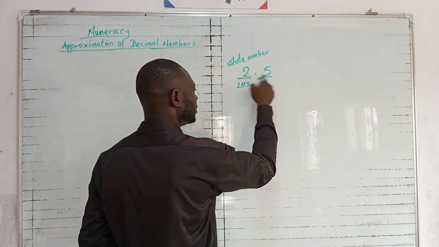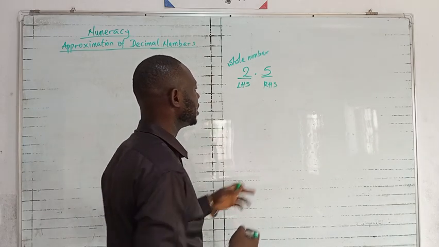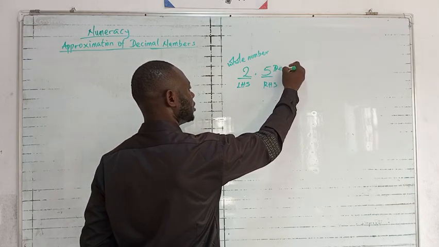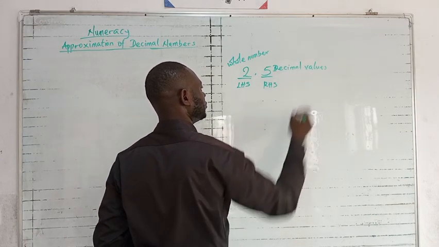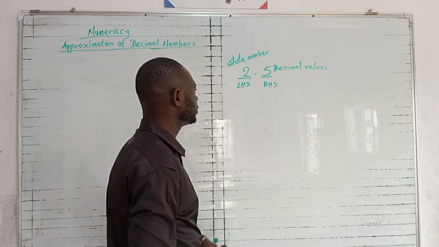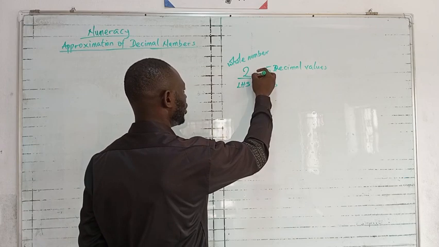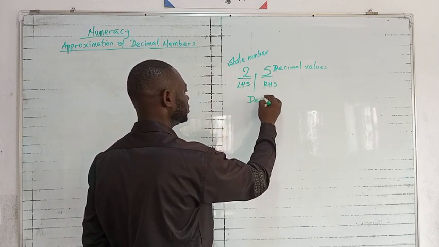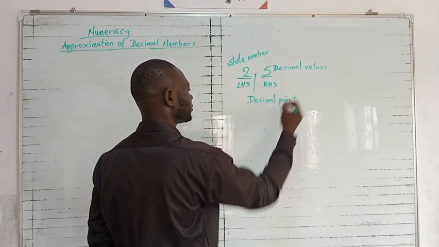Then the numbers after the decimal point, which is the right-hand side of the decimal number, are known as the decimal values of the decimal number. Then the point itself is called the decimal point.